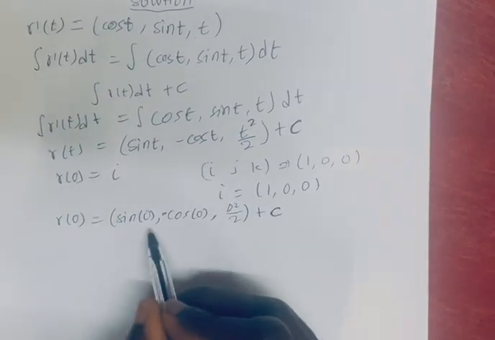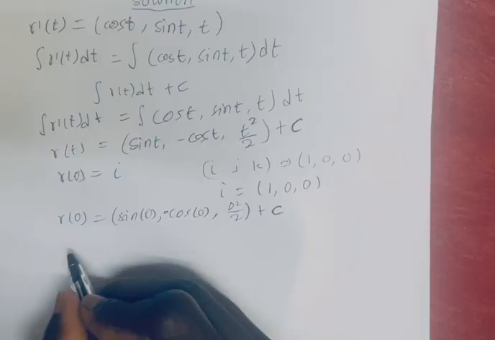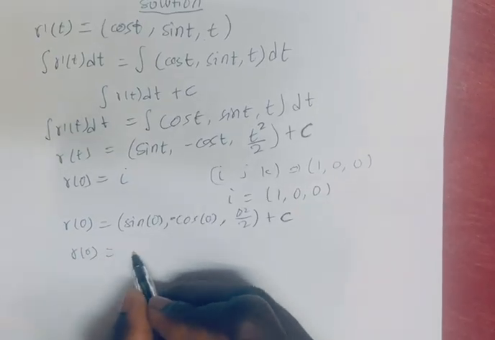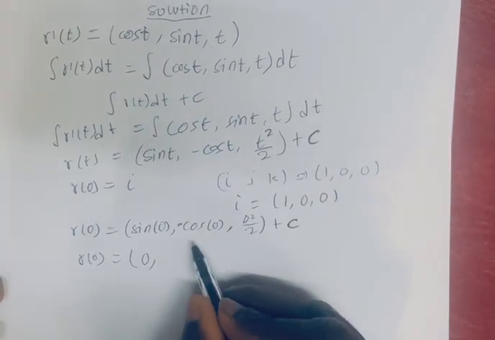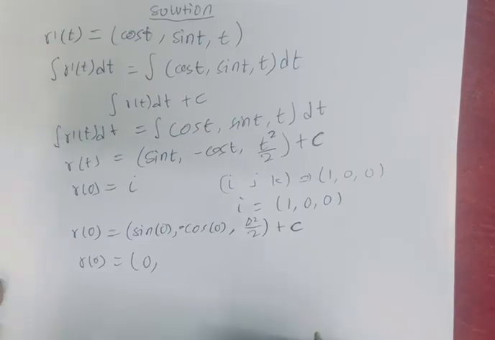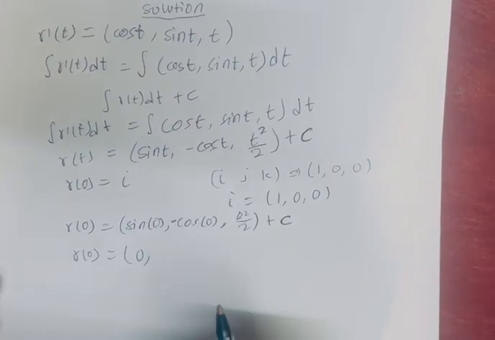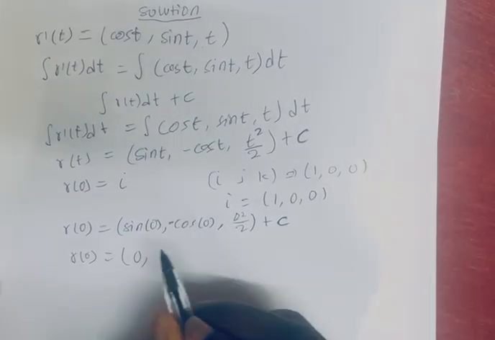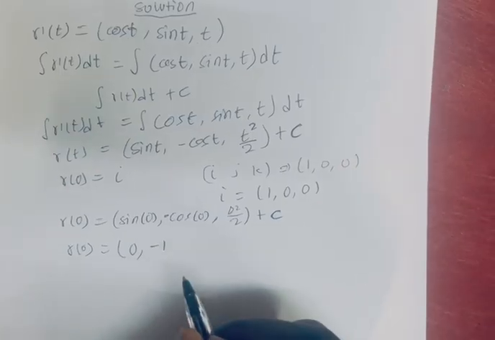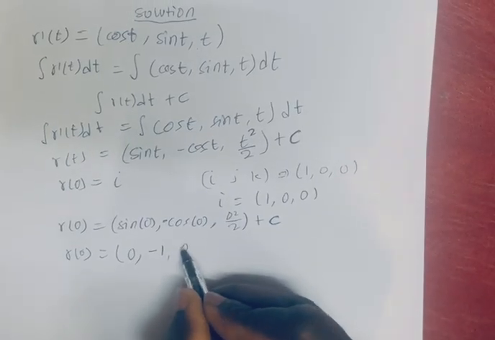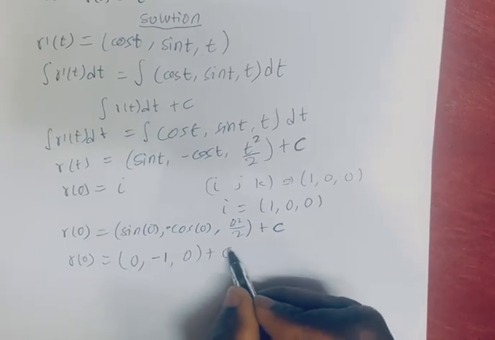So here sin 0 will give us 0, and then cos 0 will give us 1. But then the cos here is negative, so we'll have negative 1, and then this one will give us 0, plus the constant c.